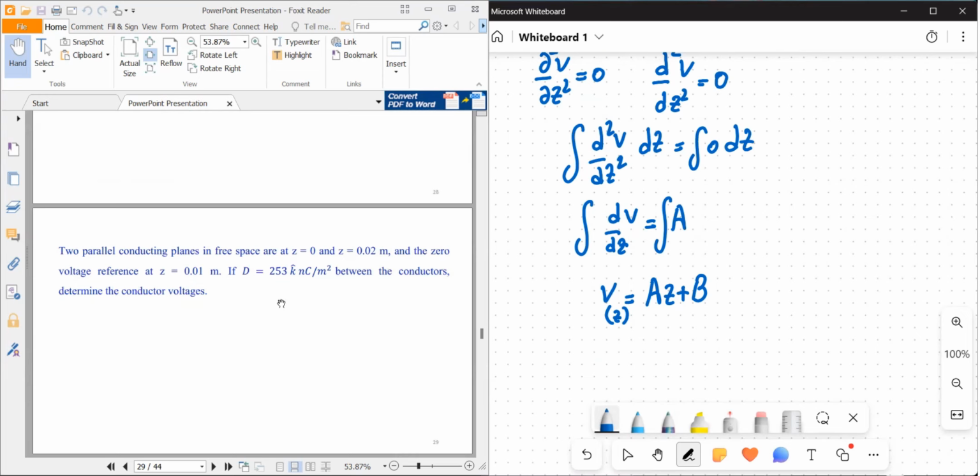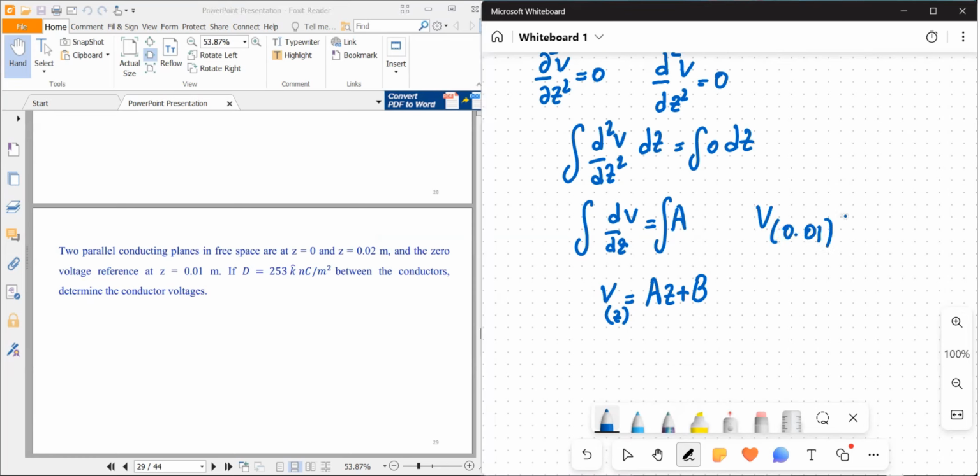So we can use that information, and also the zero voltage reference is at z equal to 0.01 meters. So I'm going to use these two boundary conditions. First one is zero voltage reference is at z equal to 0.01, and electric displacement field is equal to this value.